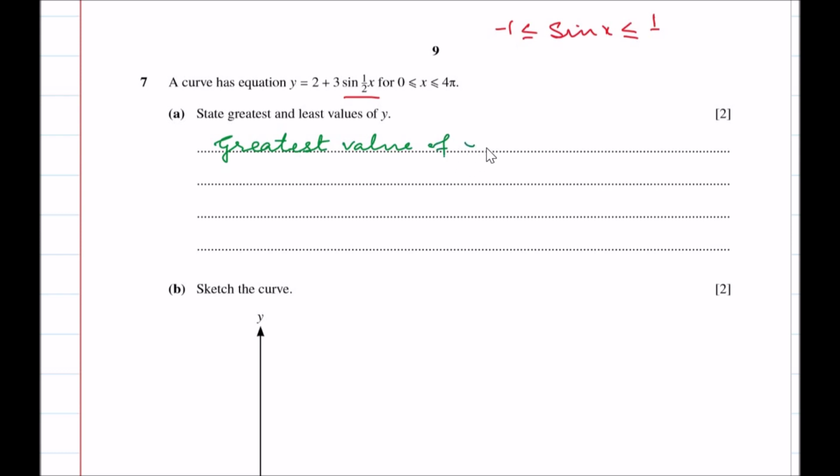Value of y equal to 2 plus 3, and sine half x will be substituted by 1 because this is the greatest value of sine. So 2 plus 3 equal to 5. Least value of y is equal to 2 plus 3 into minus 1 this time, and that gives us minus 1. So least value is minus 1, greatest value is 5.